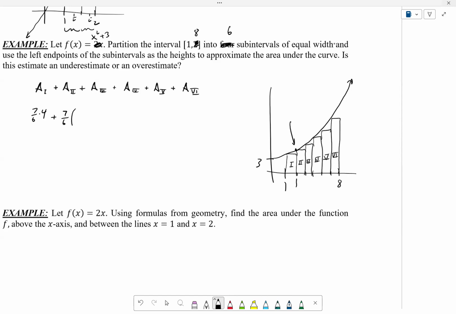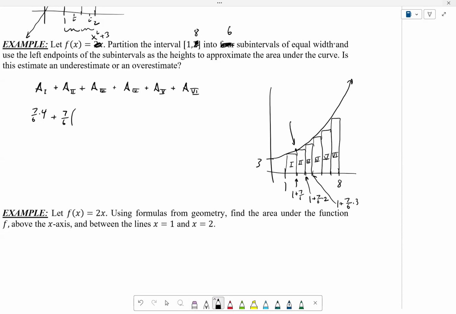Well, let's see, this number here is 1 plus 7/6, isn't it? And this number here is 1 plus 7/6 times 2, isn't it? Instead of trying to get an actual number, I'm just leaving it as an expression. And this one here is 1 plus 7/6 times 3. Do you see what I'm saying here?